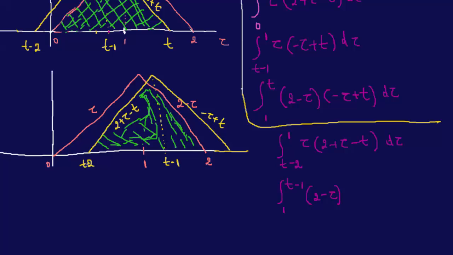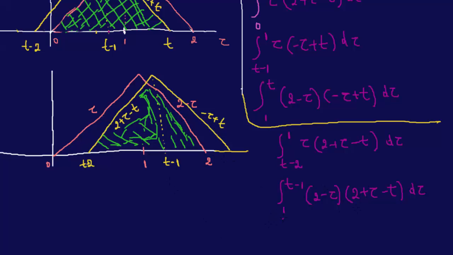Okay, so for the yellow one between 1 and t minus 1, what do we have here? That's 2 plus tau minus t, delta tau.